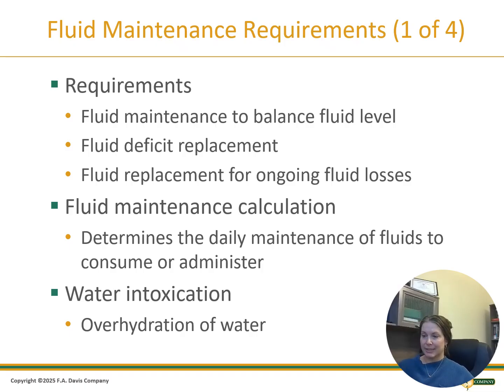So additional replacements are needed when there are continuous losses, and I think you would be surprised. When you have somebody hooked up to an NG suction, even though it's a low suction level, you're dumping out quite a bit. Things like the NG suction, burns, you lose quite a bit, and then diarrhea.